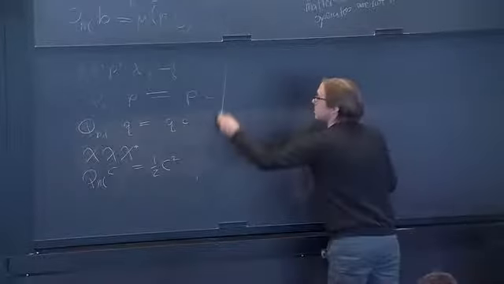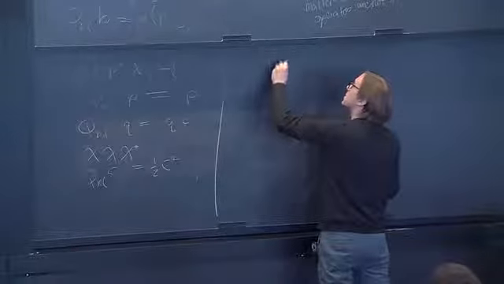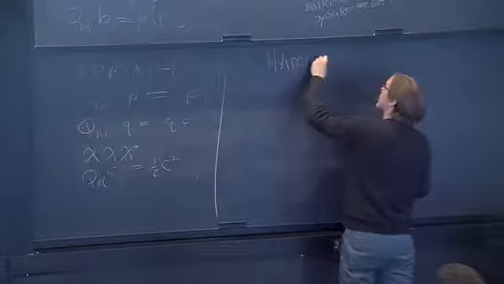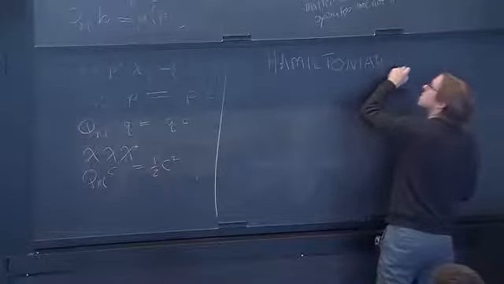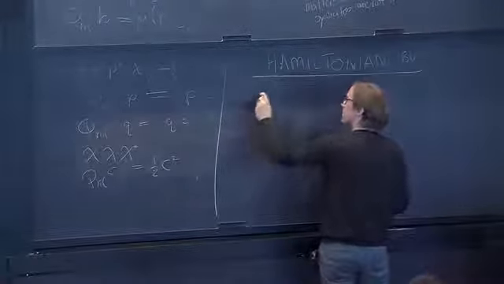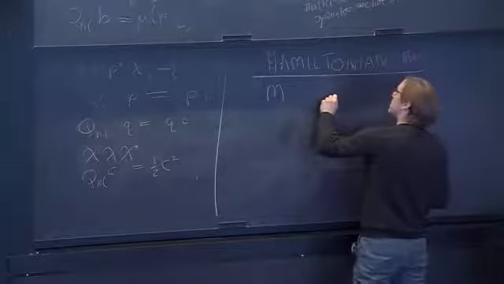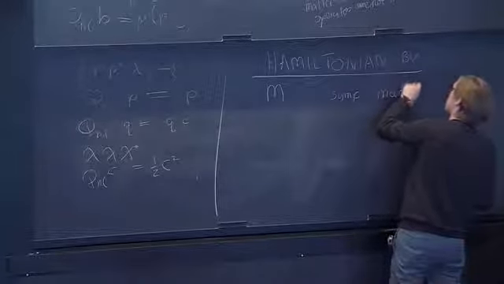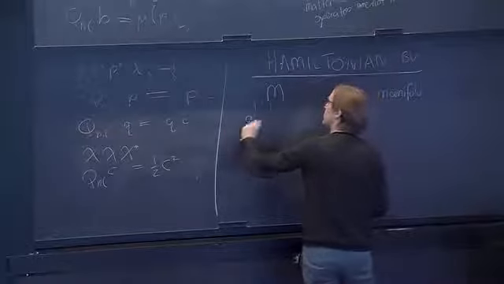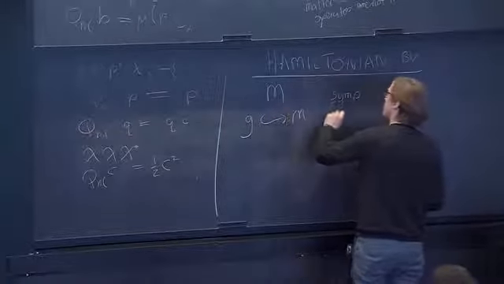So let me write it out again one more time just to be sure. This is in general the Hamiltonian form of the BV complex, which we've derived from a Lagrangian one. So we might start with M, a symplectic manifold, possibly infinite dimensional, and G, which acts on M by Hamiltonian vector fields.